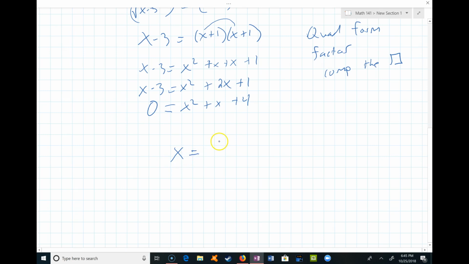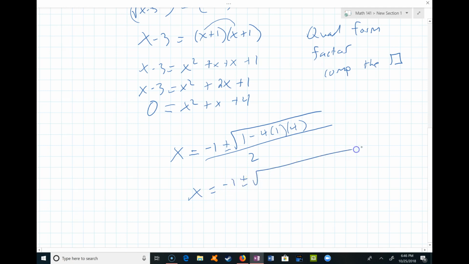So I get x equals, let's see, negative b, which would be negative 1, plus or minus the square root of b squared, which is 1, minus 4 times a times c, all over 2 times a, which is 2. So that would be x equals negative 1 plus or minus the square root of 1 minus 16, which is negative 15.